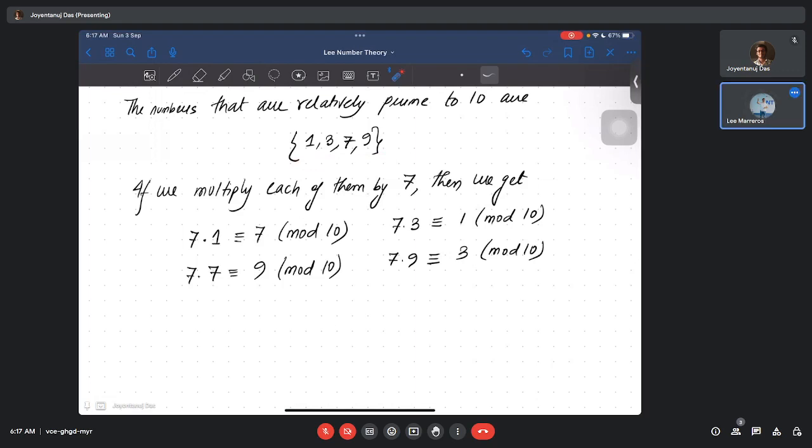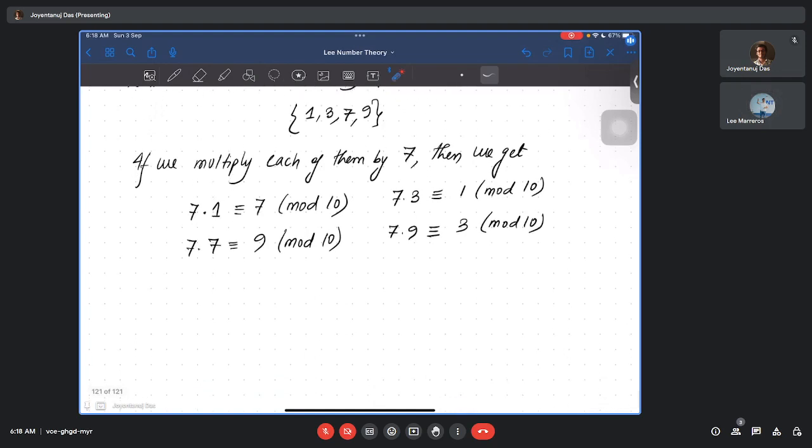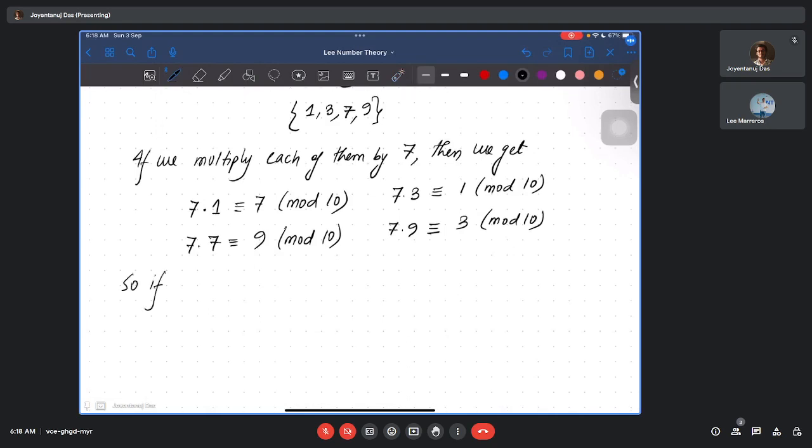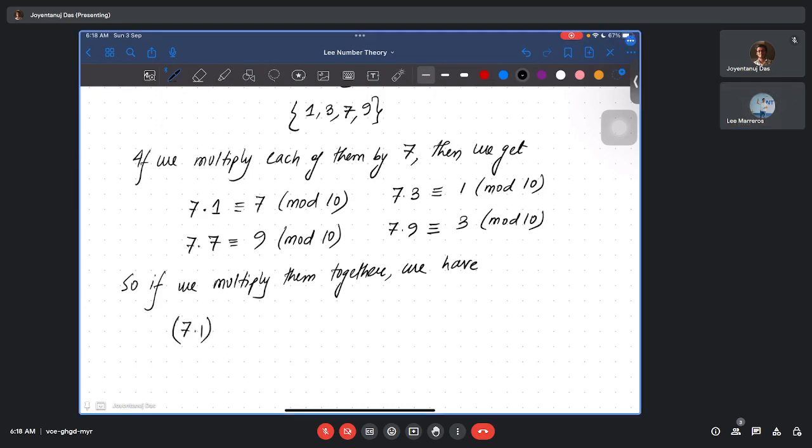Okay. So up to this is fine, right? Now if I multiply all the congruences, so there are 4 congruences, if we multiply them together, we have 7 times 1, 7 times 3, then 7 times 7, and 7 times 9.